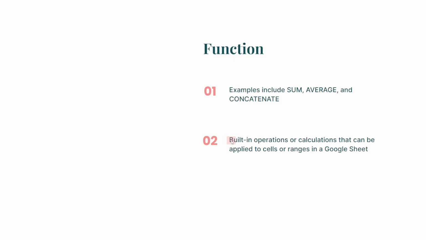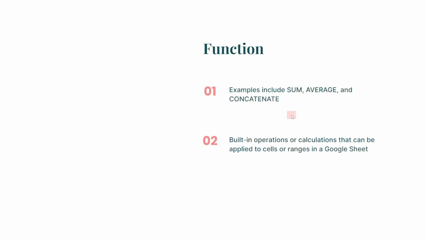What about a function? A function is a built-in operation or calculation that can be applied to cells or ranges in a Google Sheet. Examples of functions include sum, average, concatenate, maximum, minimum. There are a whole lot.